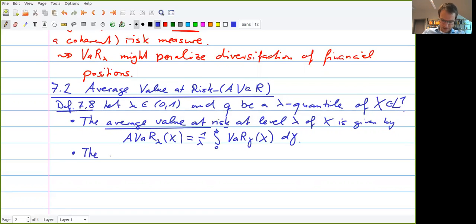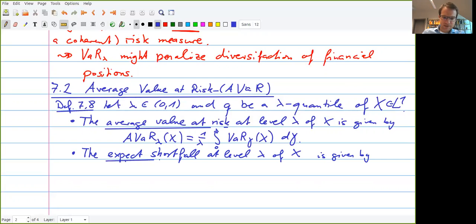Next idea is to work with the expected shortfall at level lambda of X. And this one is given by the following definition.